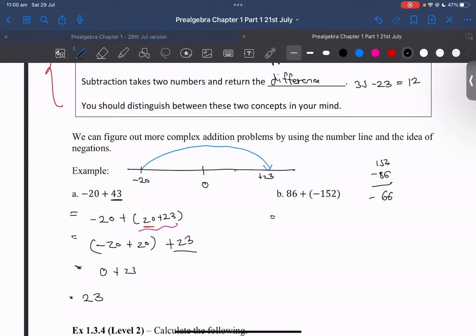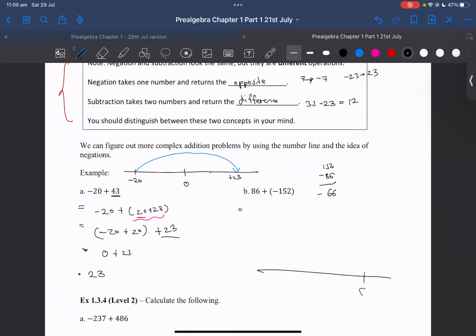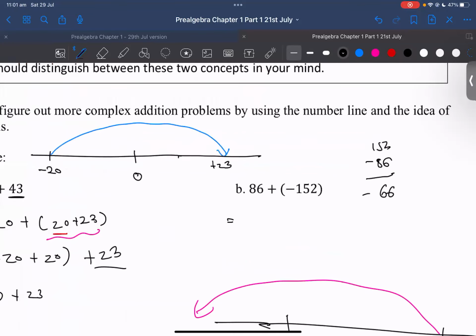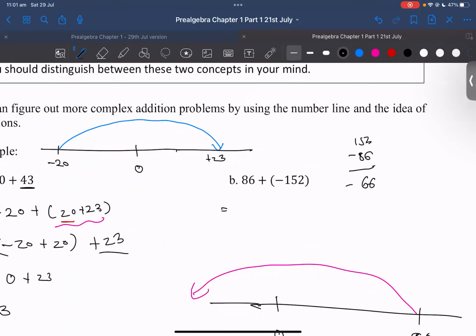Let's just do number line, because the number line is always good to visualize. Start at 86. 0 here, let's say. We're adding a negative, so we're going left by 152. Too big, right? It's a negative number now. What we should do is break the 152 down into 2 smaller numbers. Going left by 152 is the same as going left by 86, which is negative 86.